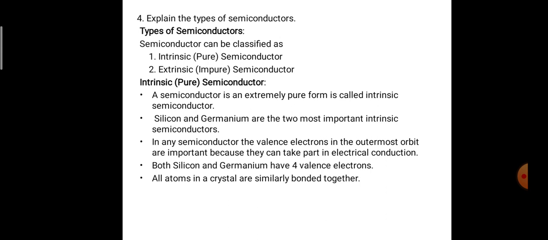Silicon and germanium are the most important intrinsic semiconductors. In any semiconductor, the valency electrons in the outermost orbit are important because they can take part in electrical conduction. Both silicon and germanium have 4 valency electrons. All atoms in a crystal are similarly bonded together.